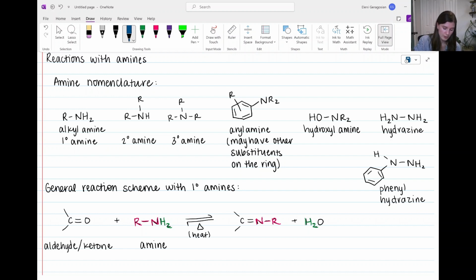The oxygen in H2O is from the aldehyde or ketone, and then that carbon, the carbonyl carbon, and whatever else it's bonded to besides the oxygen are both in this final product here. And this final product, where we have a carbon double bonded to a nitrogen, this is called an imine. I-M-I-N-E, an imine.